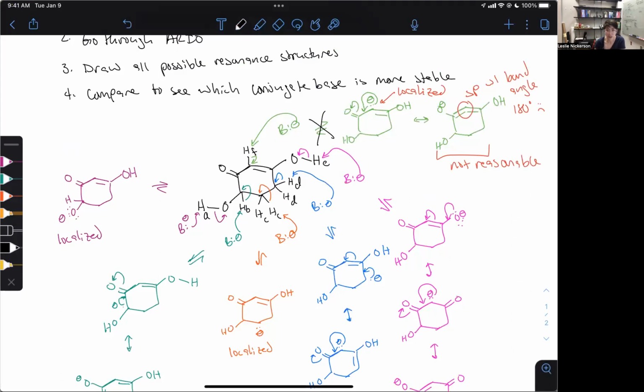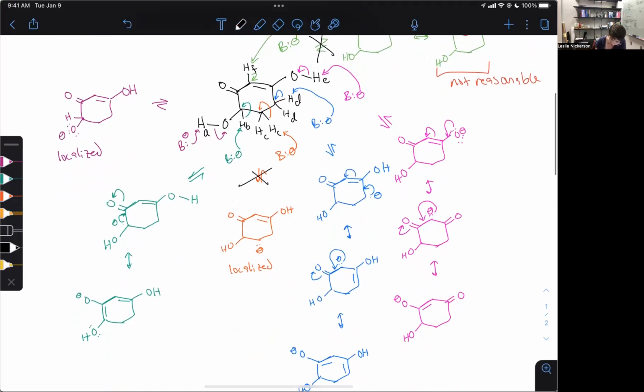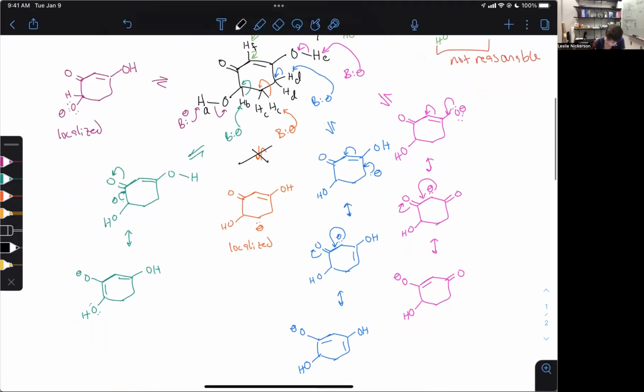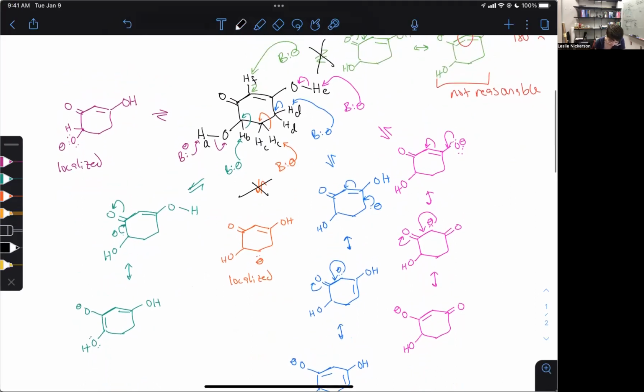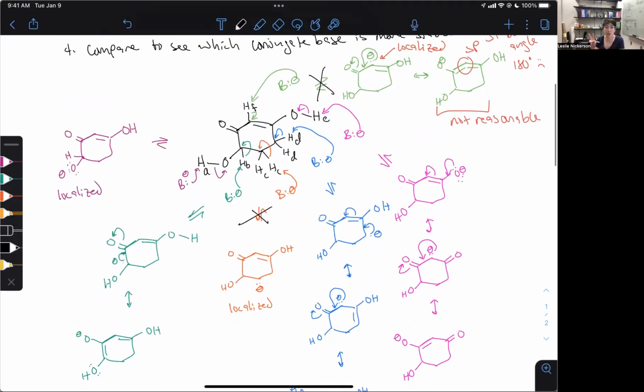Okay, so localized on a carbon, we're gonna throw that away. Delocalized on a carbon. Oh yeah, this one, another one that's localized on a carbon. Okay, so that allowed us to throw out 2 of them.